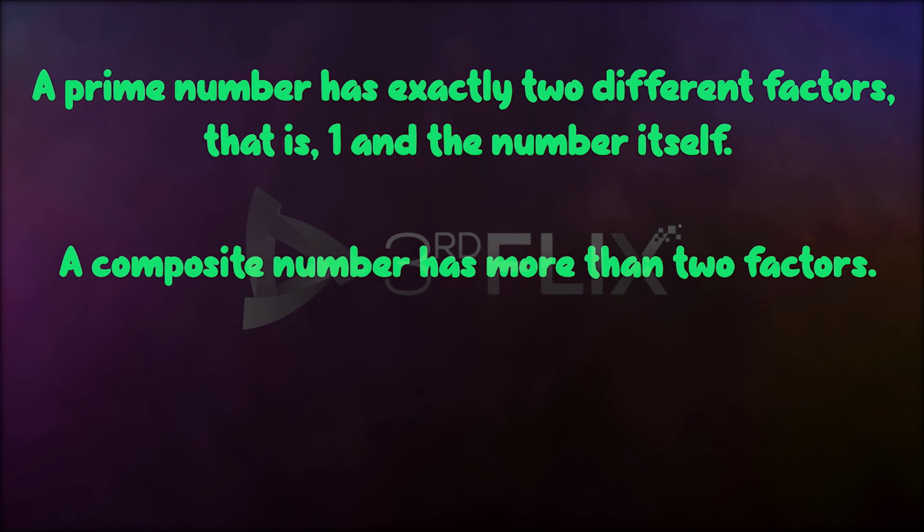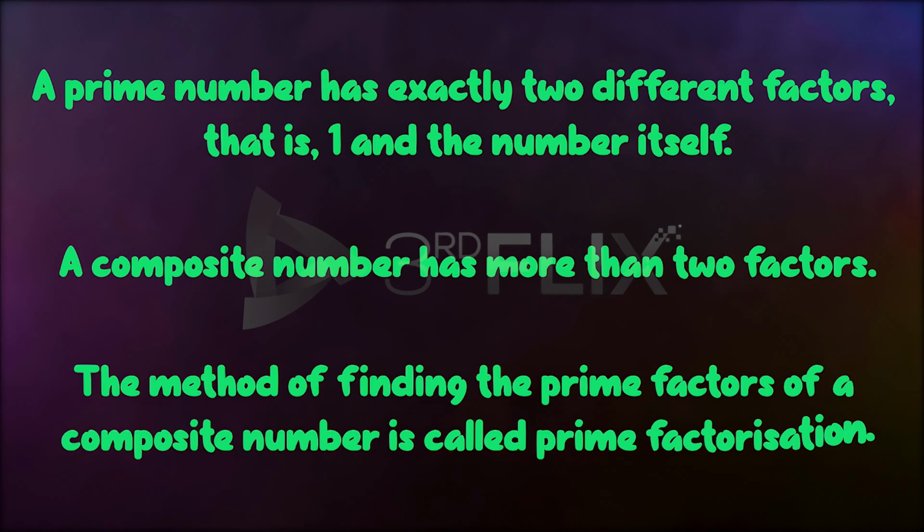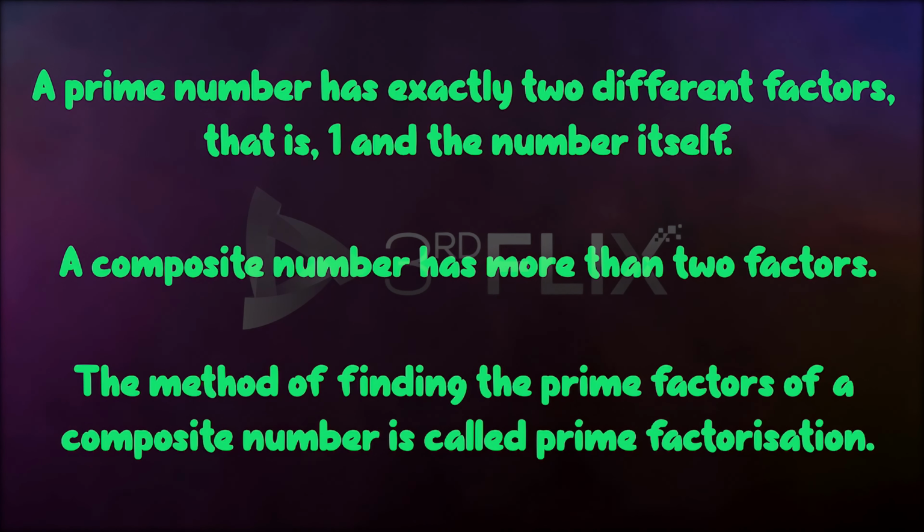A composite number has more than two factors. The method of finding the prime factors of a composite number is called prime factorization.